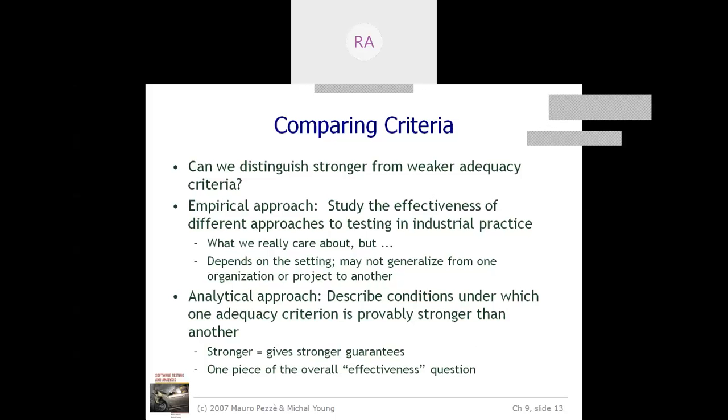Here it depends on the environmental setting of a particular organization, and you may not generalize from one organization to another or from one project to another, because it is specific to the organization or the project under study. That is the empirical approach.